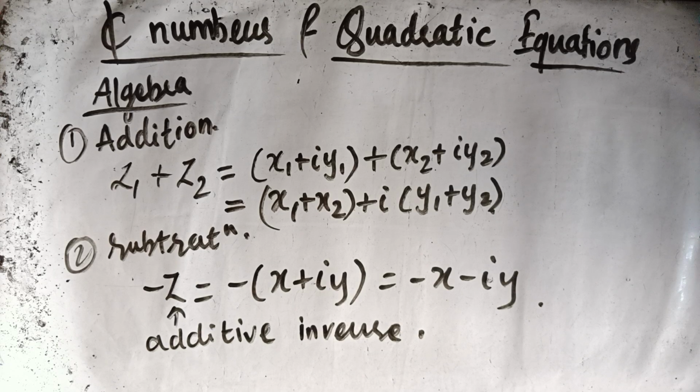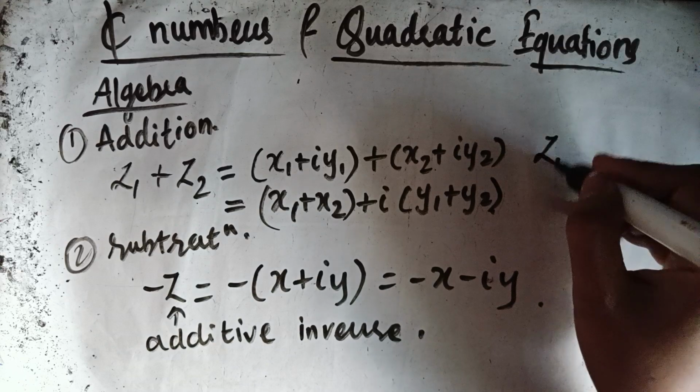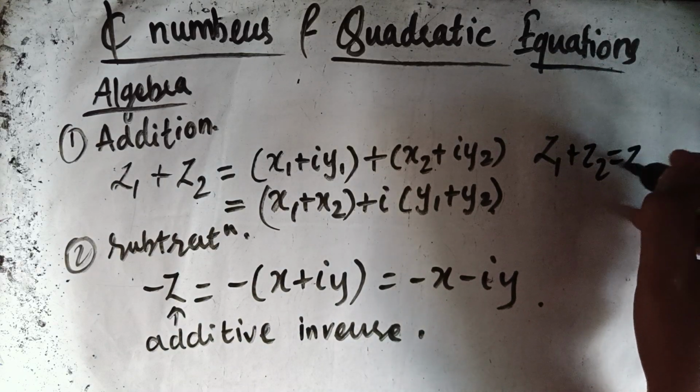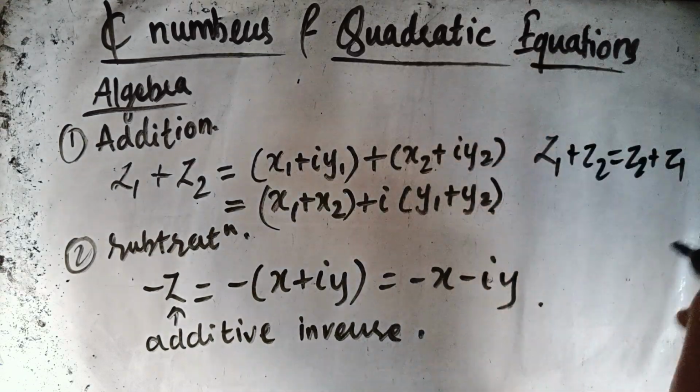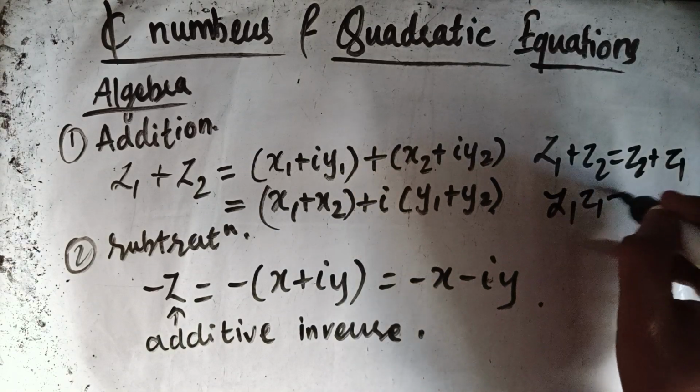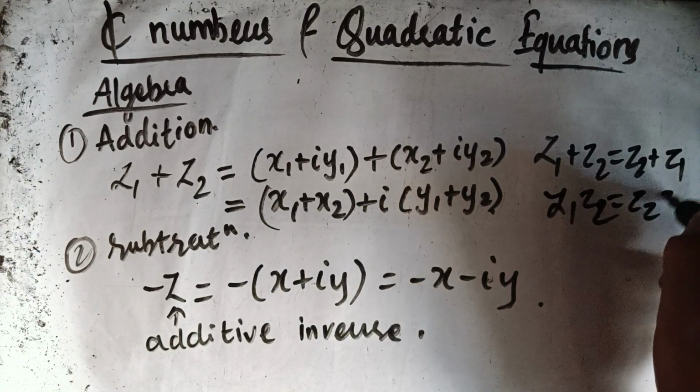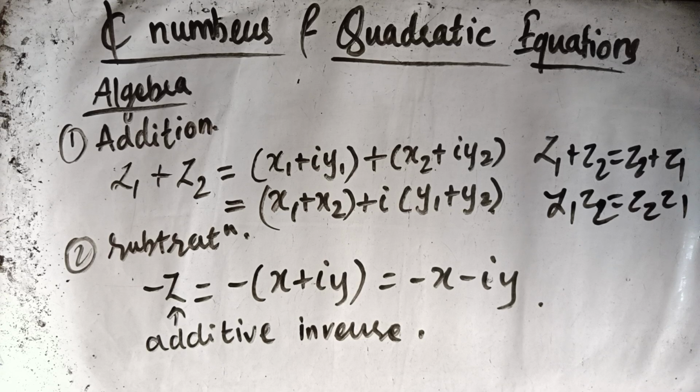So commutative property for addition and multiplication: z1 plus z2 is same as z2 plus z1. Same way z1 z2 is equal to z2 into z1. Then associative property is also true for addition and multiplication.